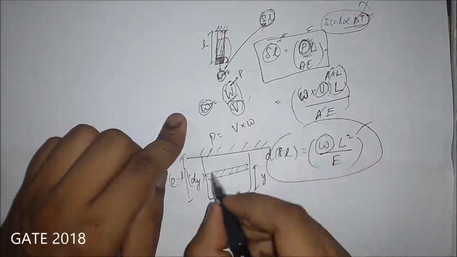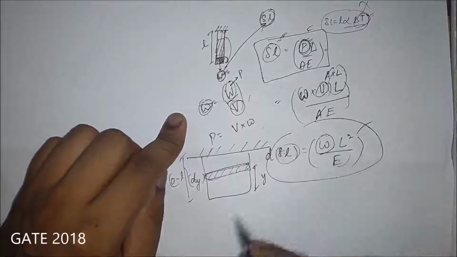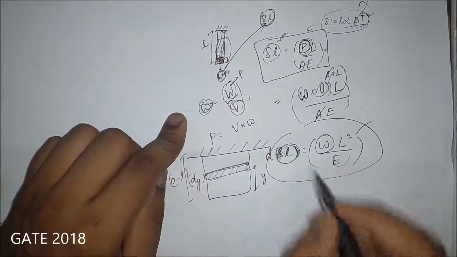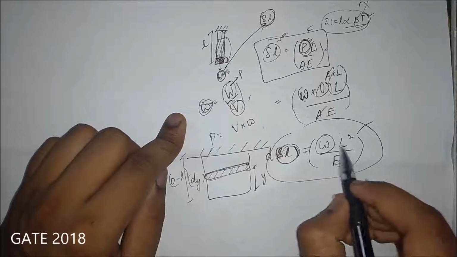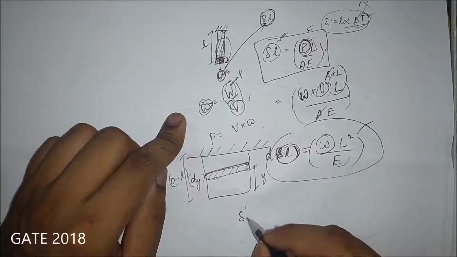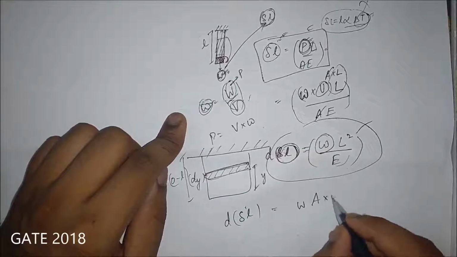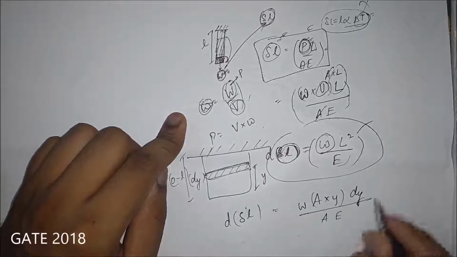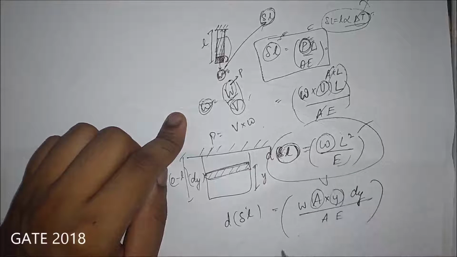Now for this element, if we want the change in length, we take a differential change in length, similar to the previous problems we have done. Area into length will give you volume.